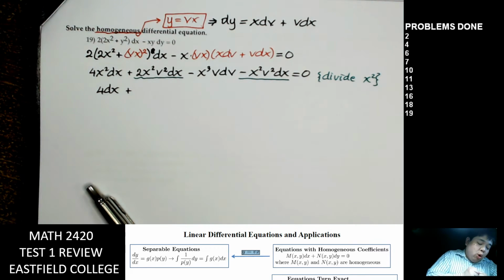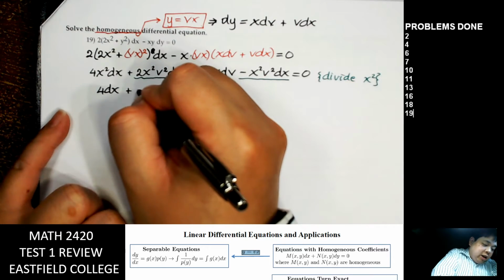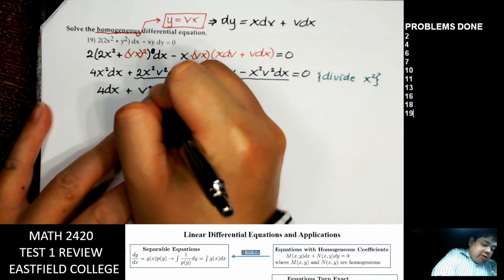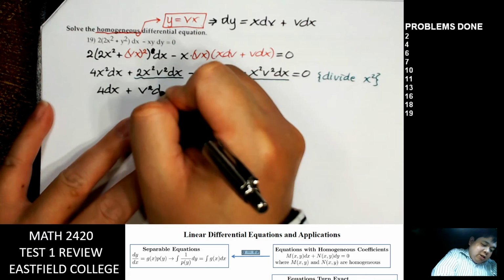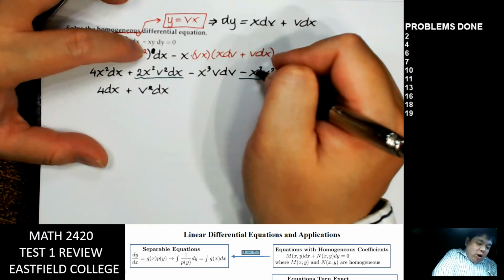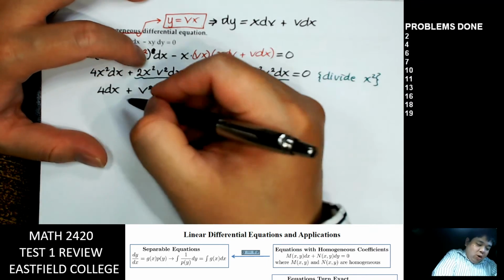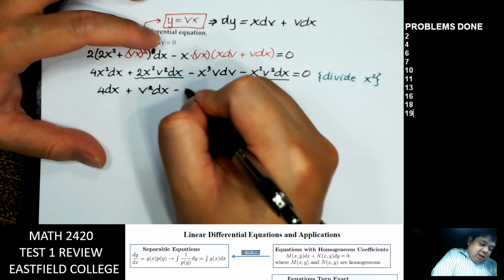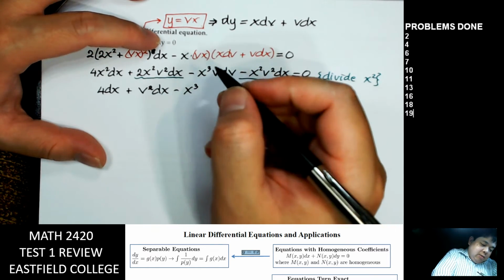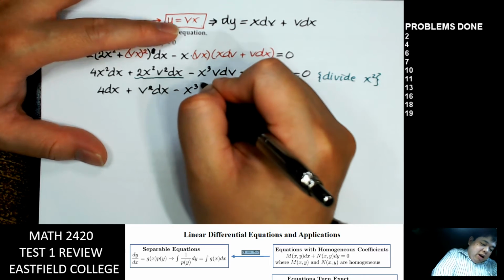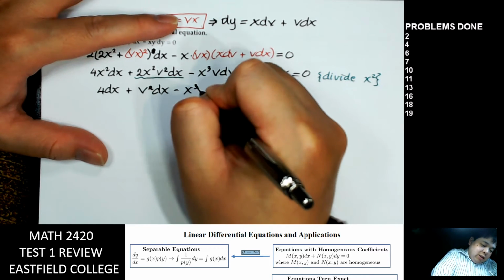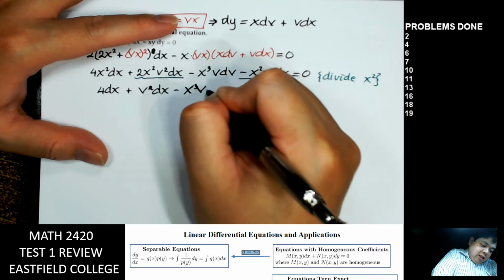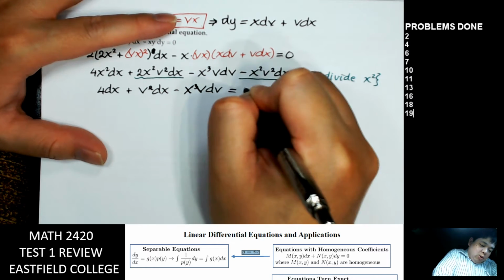We combine them, we only have x squared v squared, but we divide by x squared, so that's just v squared left. Then 2 minus 1 is positive 1, so we just have xv dv equal to 0.